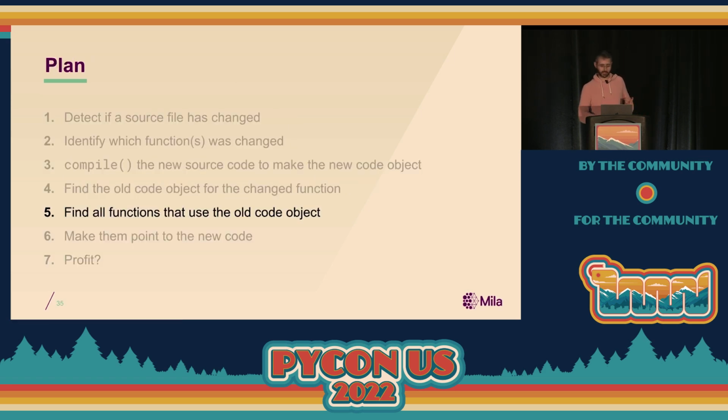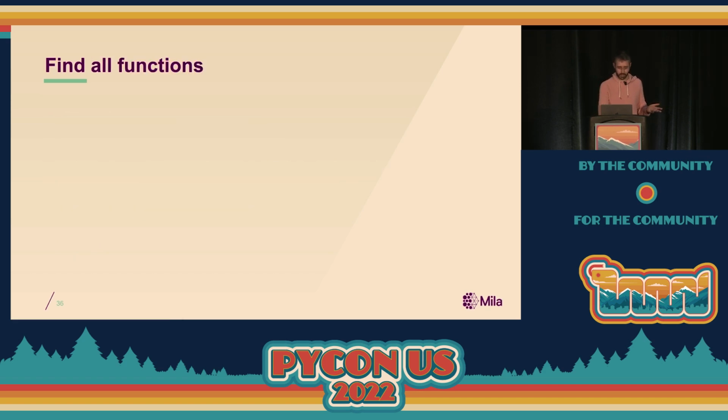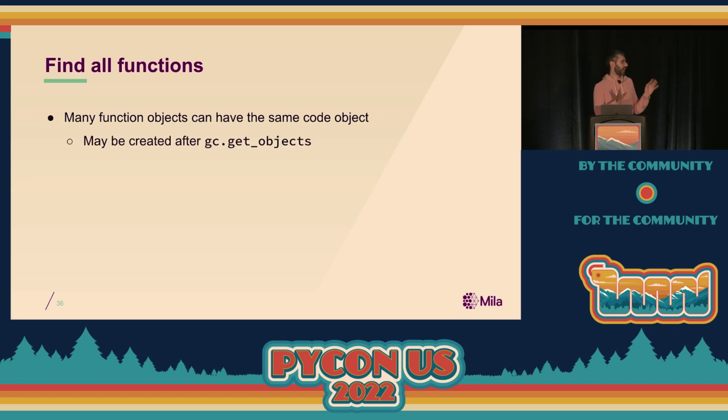But still, that's not entirely enough, because we need to get a handle on every function object that points to that code object. Now, many function objects can have the same code object, and even though we called getObject earlier, they may have been created afterwards. But in this case, there is still the getReferrers function in the GC module that will help us basically find all of them.